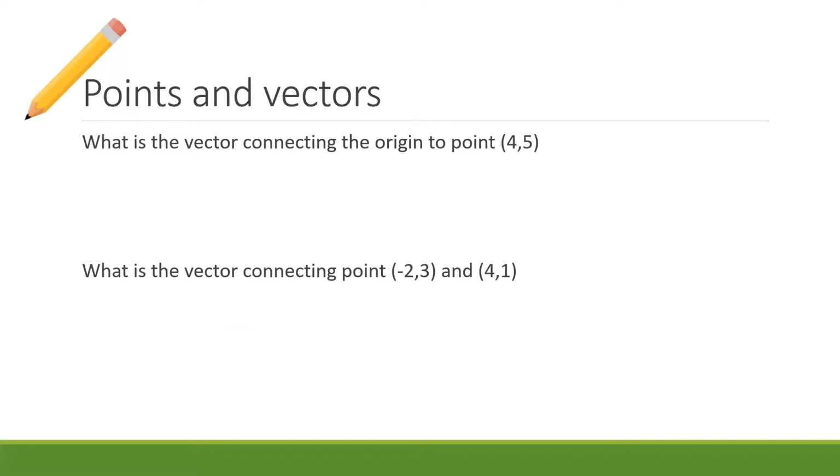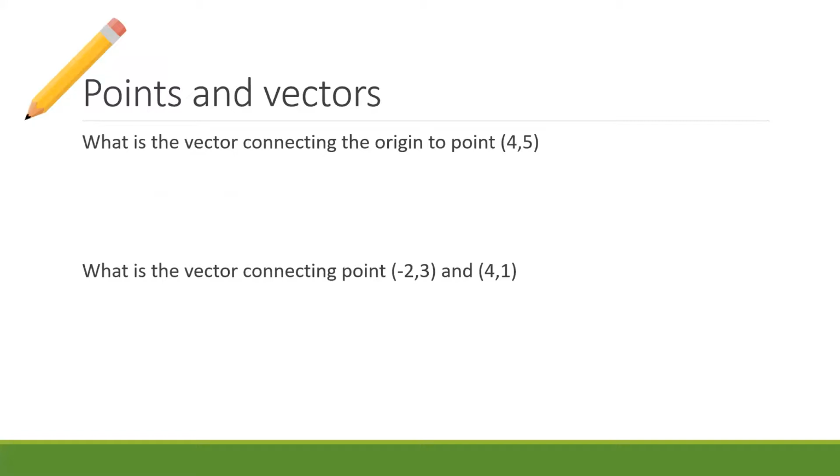We're going to now do this. What is the vector connecting the origin to point 4, 5? We're going to now explore how we can get ij components from just points. So let's just say we've got the vector, the origin.